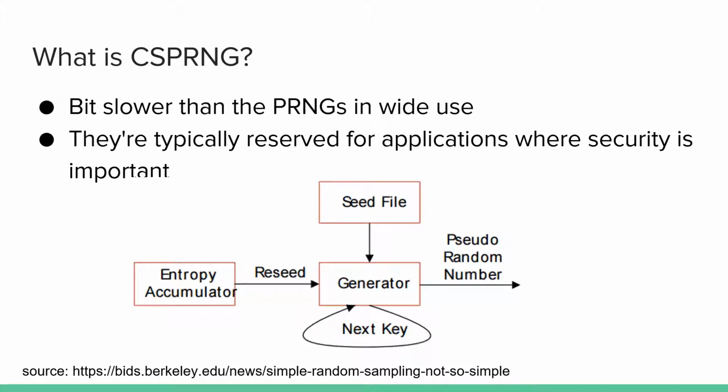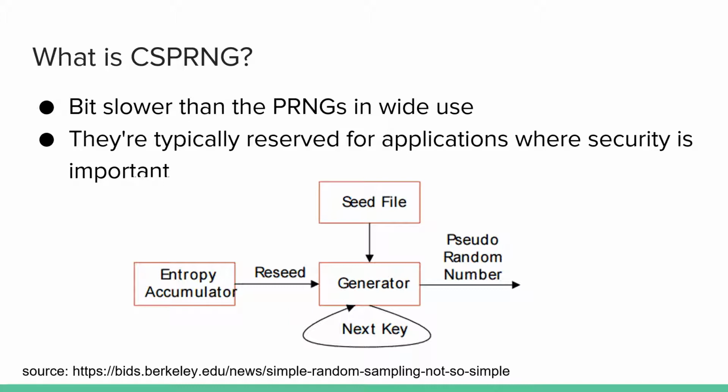Okay, so this is more like a continued summary of what a CSPRNG is and how it's different from PRNGs. It's a little bit slower than a PRNG, which is why PRNGs are more widely used. However, a CSPRNG helps accomplish more security. This is kind of a free body diagram of how a CSPRNG in general works, which is also what Fortuna is based on.